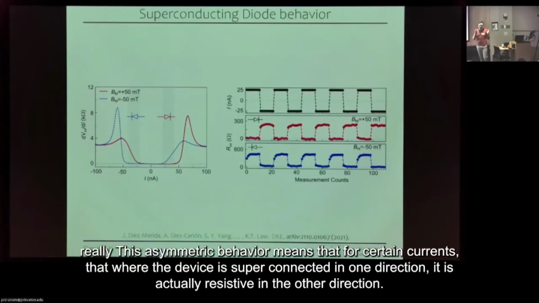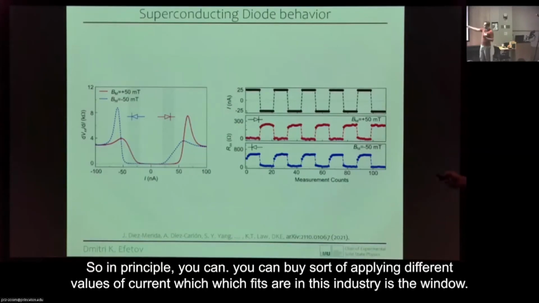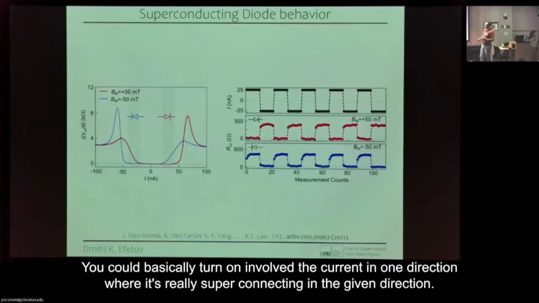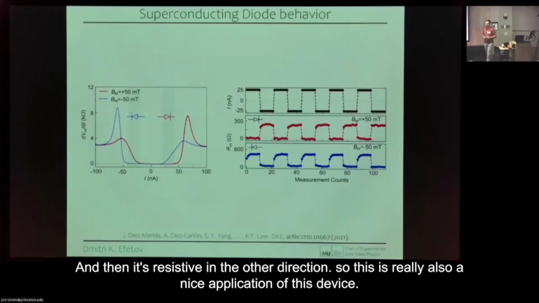So by applying different values of current that fit in this window, you can turn on and off the current in one direction, where it's superconducting in the given direction and resistive in the other. This is a nice application of this device.